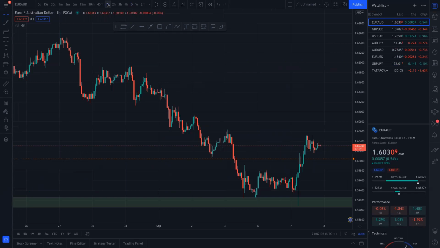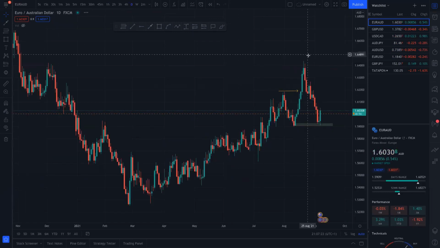Using the risk entry, we're simply going to put the limit order here on the open and the stop below. And the target, obviously, is this high. Okay, so that's it for the risk entry.